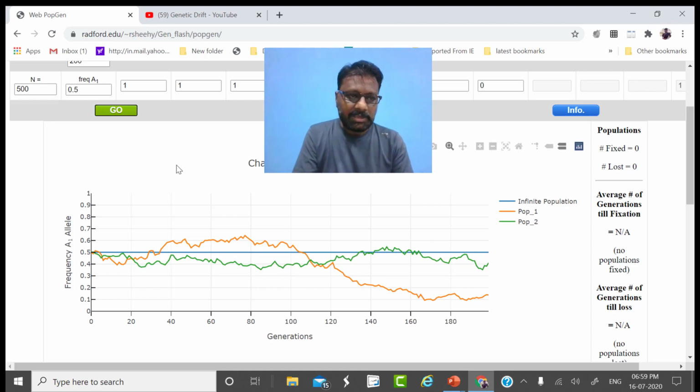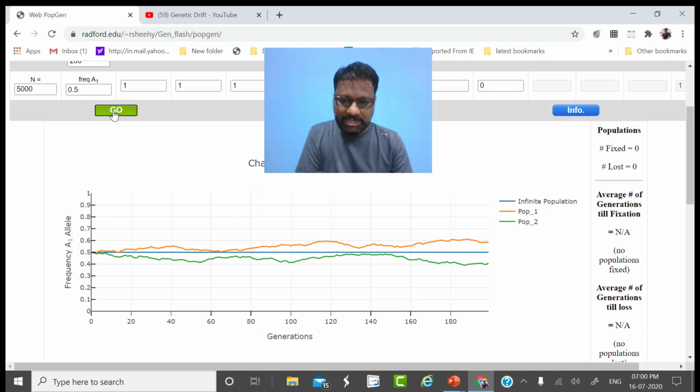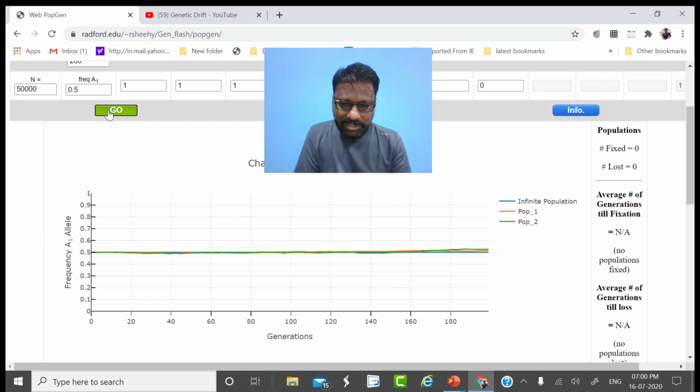If you keep on increasing the population size, there is even less drift. If you increase it to 50,000, there still won't be any drift.